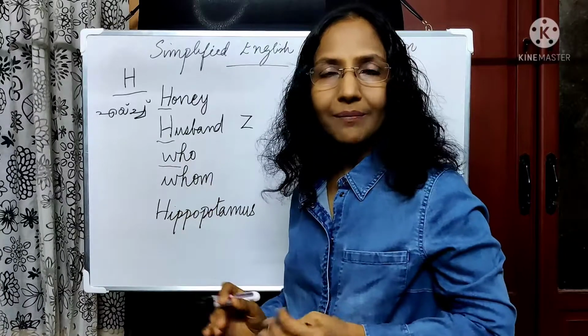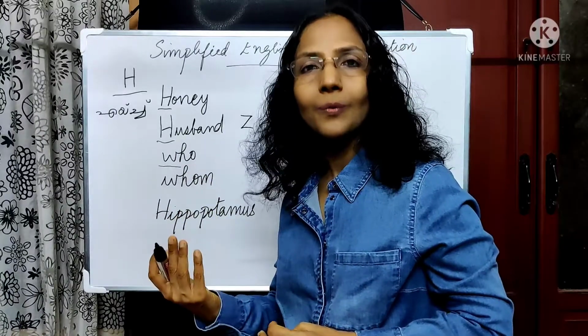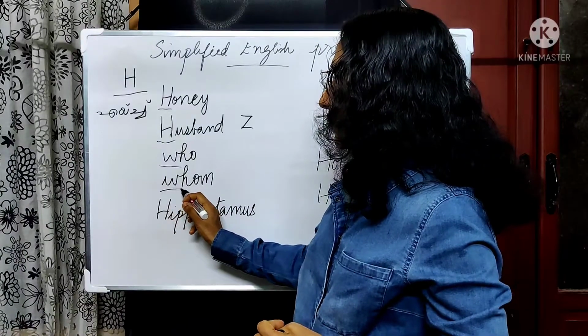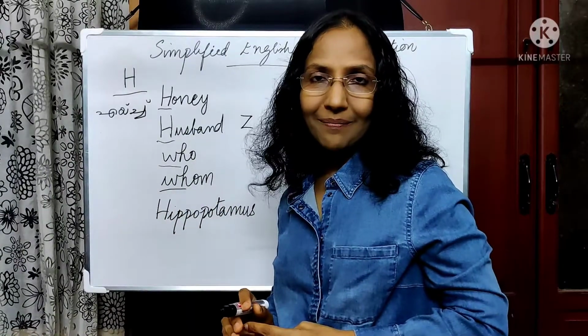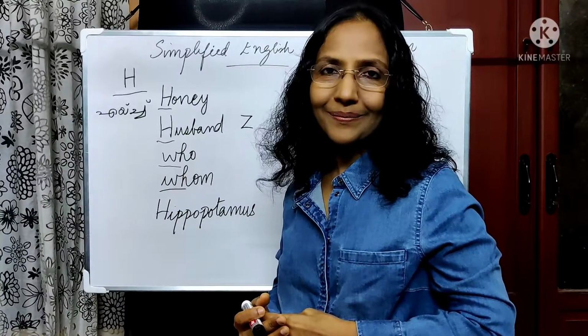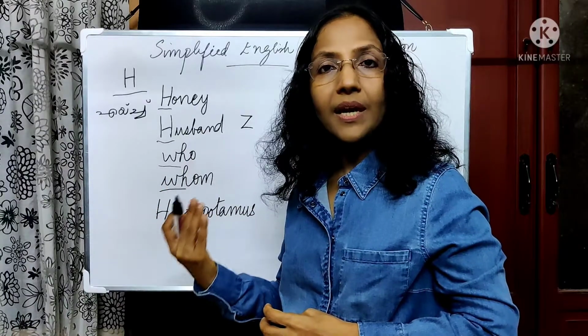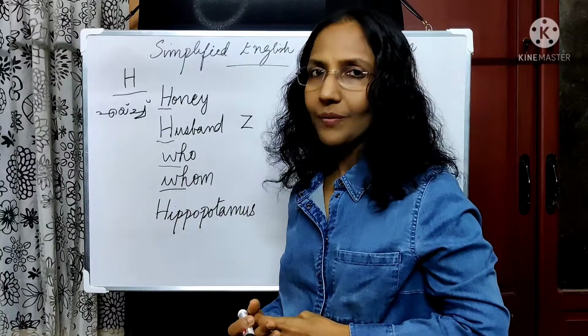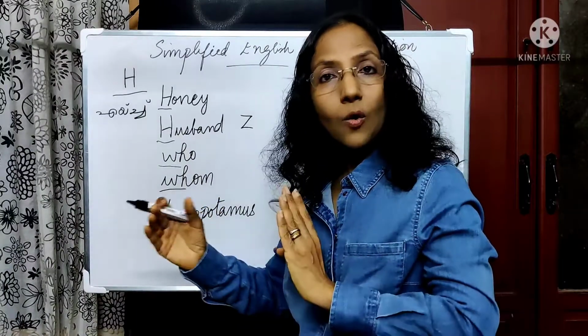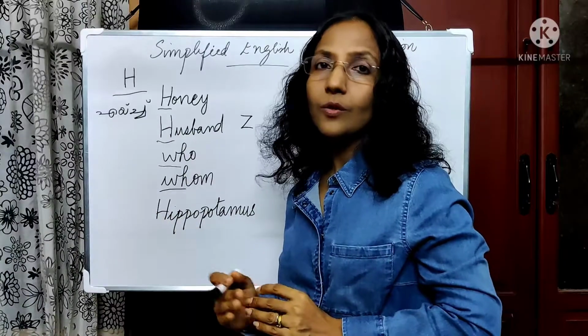It's not who, but it's who, long oo. Again we find here the combination WH, but it is representing the sound H. That is again another example for the unphonetic nature of the language. It's whom. Again long oo.